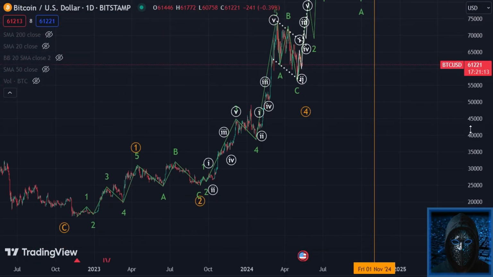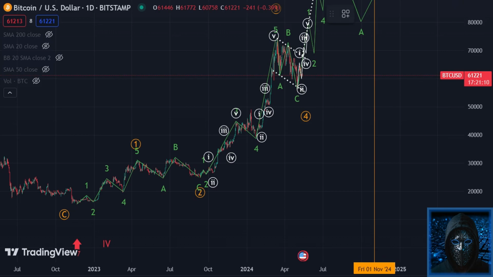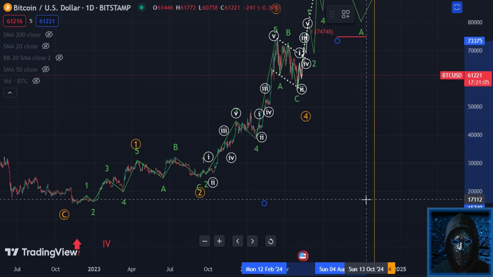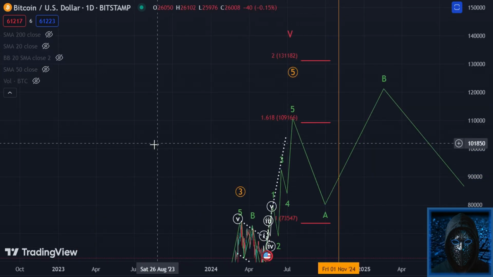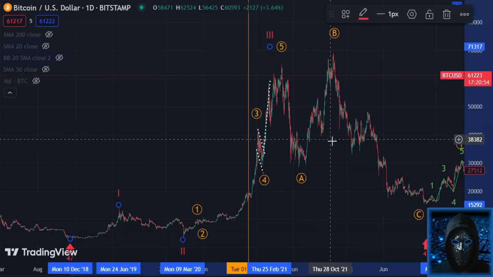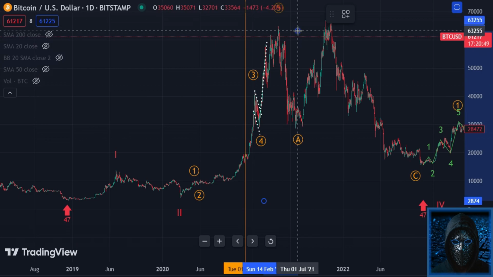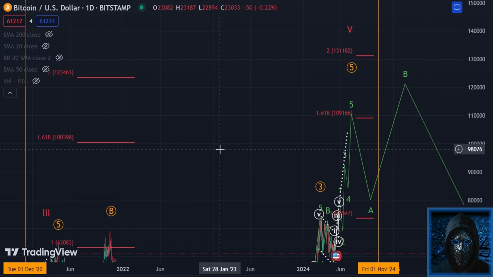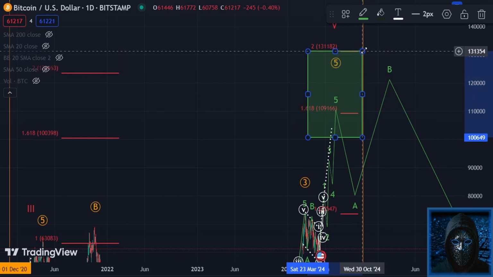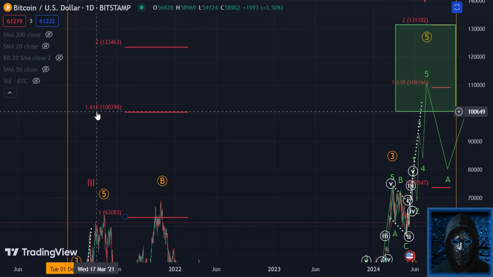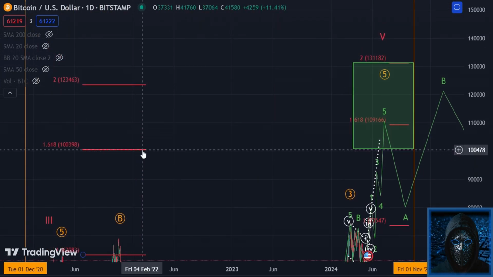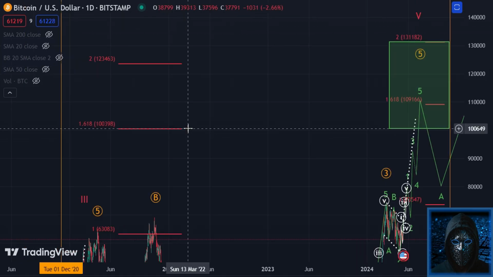If we take the length of wave 1 and 3, we get one target here. We can also take the 1 of 3 and the larger cycle count, and now we have a target. So this region here, we have the 1.618 of the larger cycle count 1 and 3 coming in at 100,000.